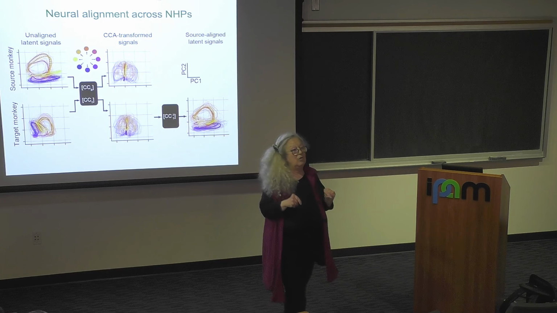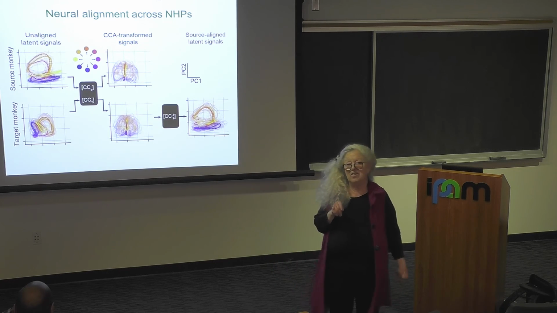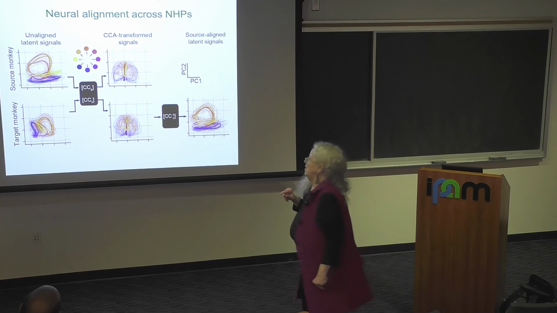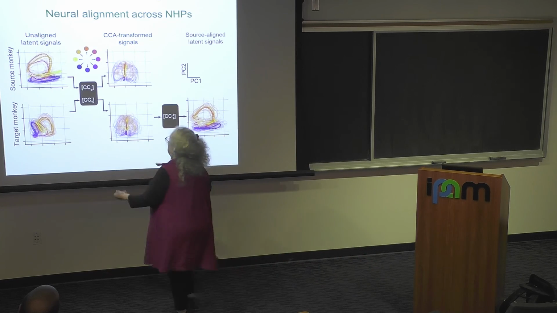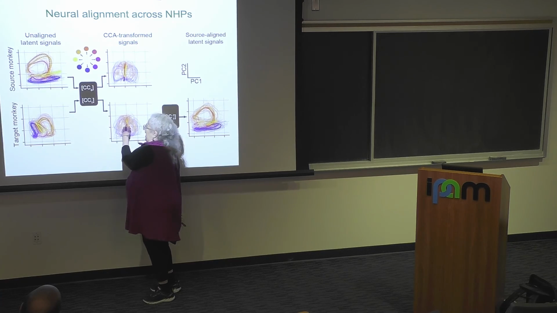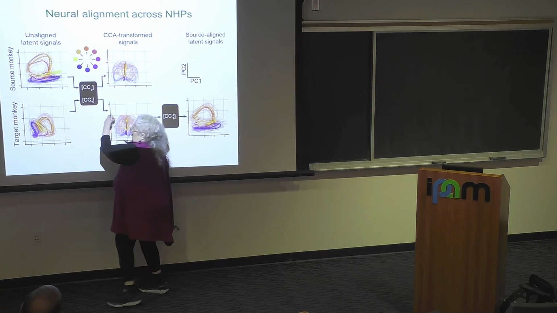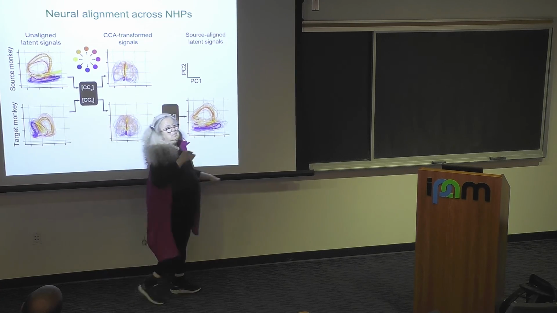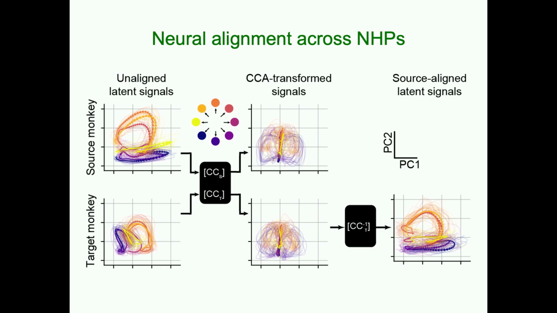I have a very good decoder for the source monkey, but I don't have such a good decoder for the target monkey. So what I'm going to do is take the target monkey, do the canonical correlation analysis to get to the shared image, invert it this way to get to the source, and use that as input to my decoder. So the target monkey goes to the shared representation, which gets inverted using the canonical correlation analysis.